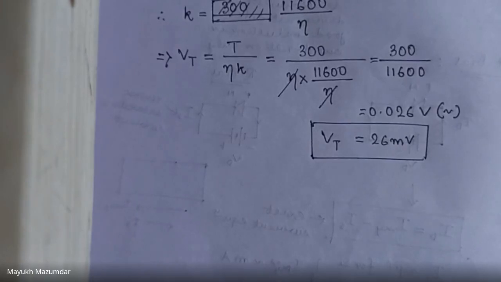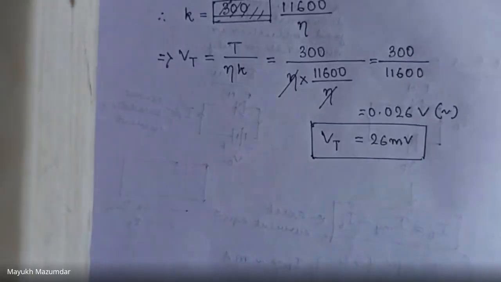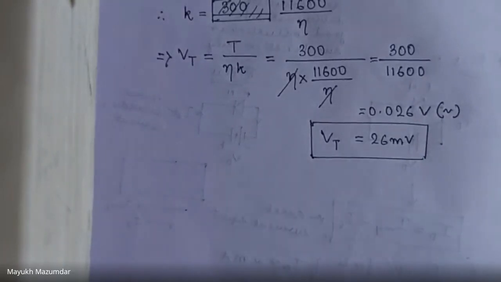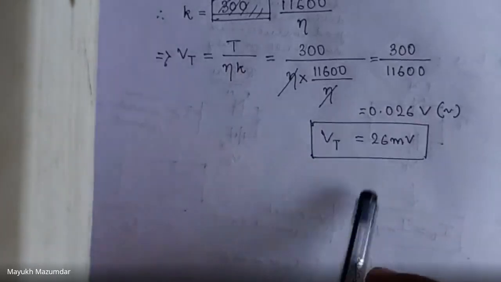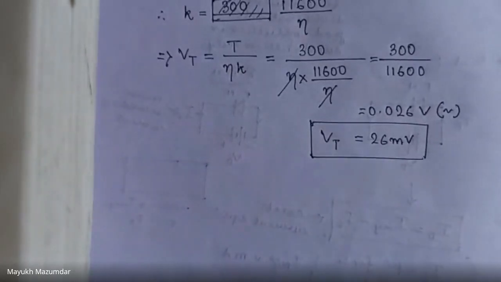No one remembers. What is this thing called? I remember the equation, sir. No, I'm not asking for Einstein's equation, I'm asking about this thing that was there in Einstein's relation.